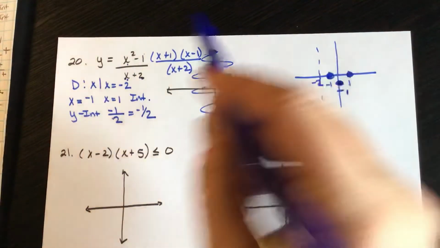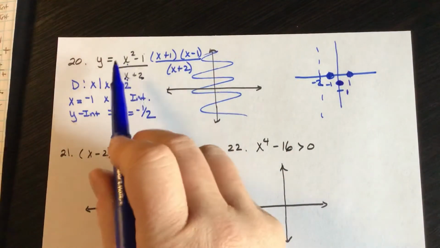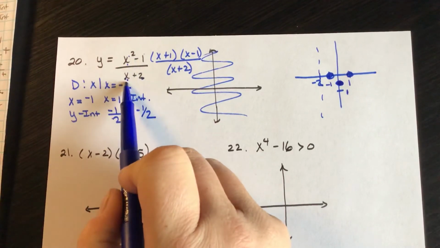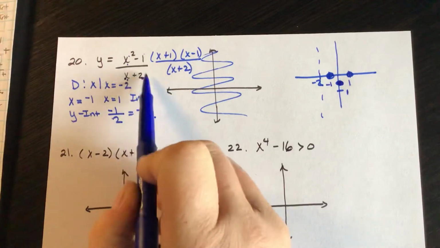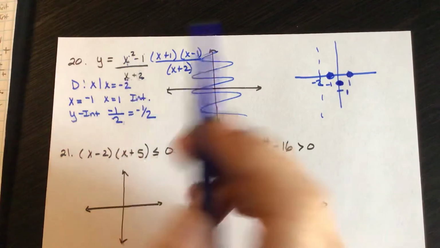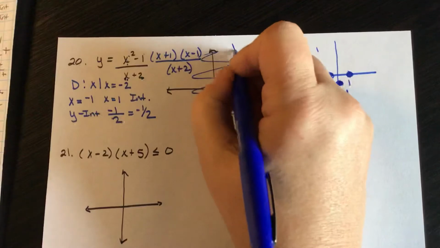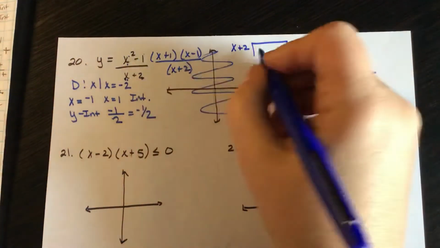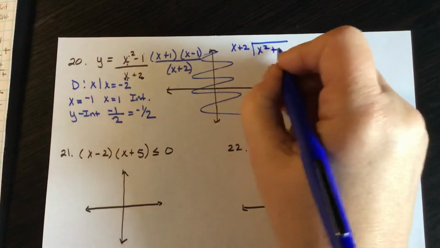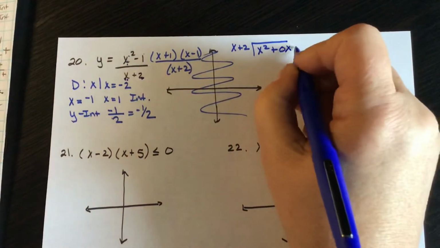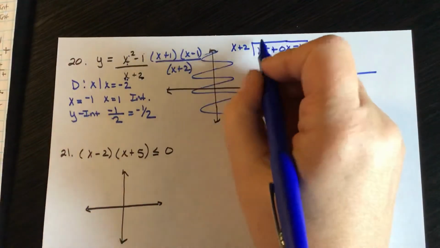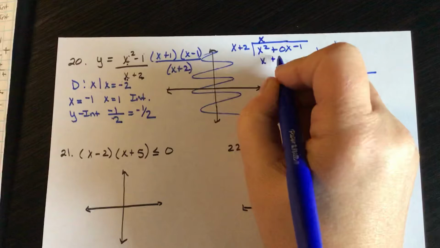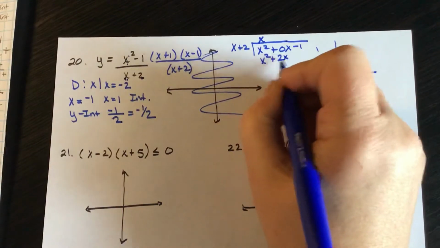In terms of horizontal or slant asymptotes, my numerator is bigger than the denominator by 1. So I'm going to divide x plus 2 into x squared minus 1. So it's going to look like x plus 2 into x squared plus 0x minus 1. So this will become an x, and I have x squared plus 2x here.